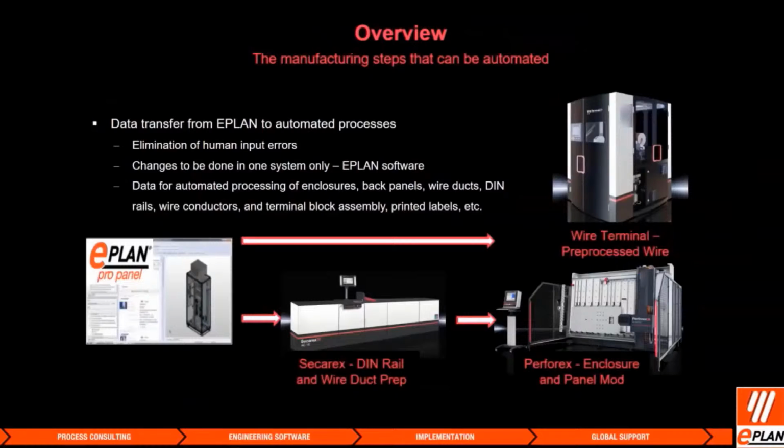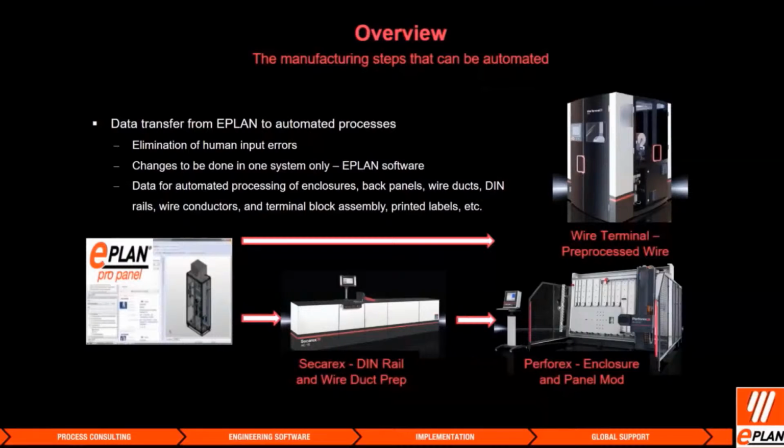So the technology that we really are going to be concentrating on today is the piece of equipment that we see here, and showing how the ePlan platform can drive data directly out to these machines. So having the advantages of eliminating human input errors, really just changes are being done in one system only.